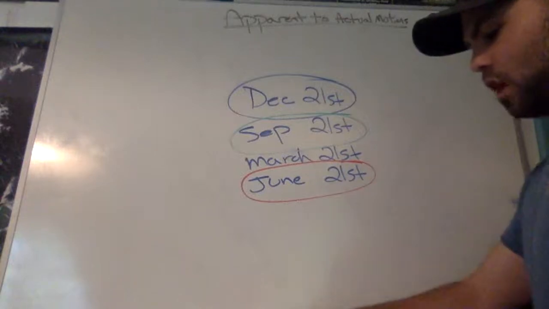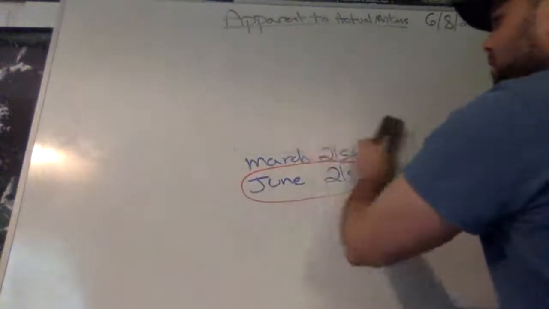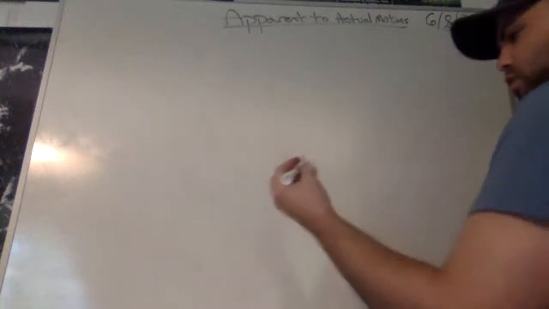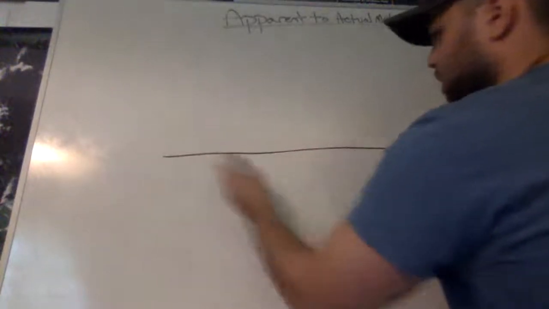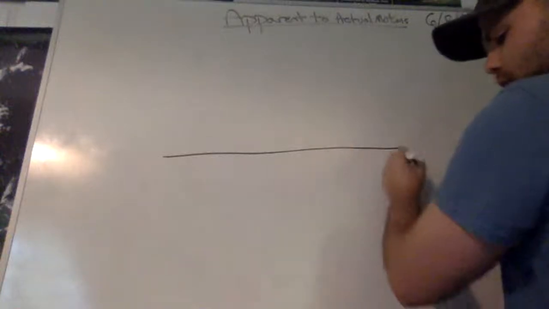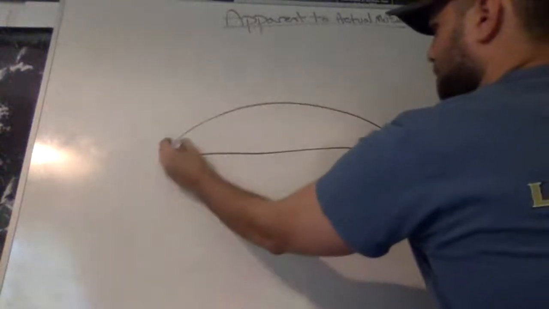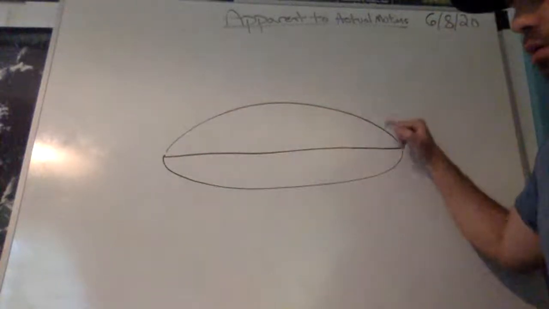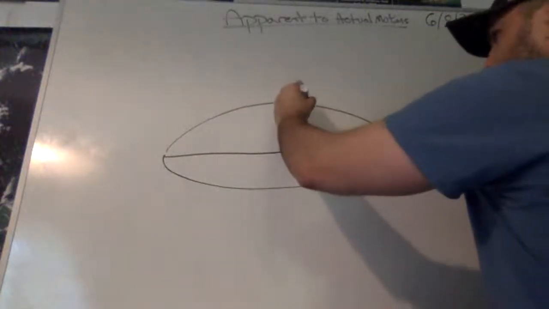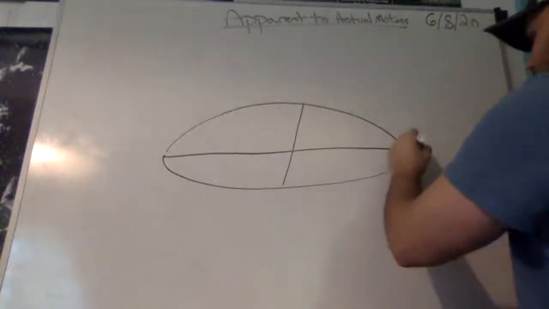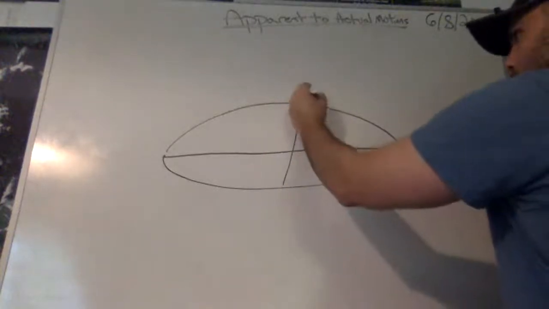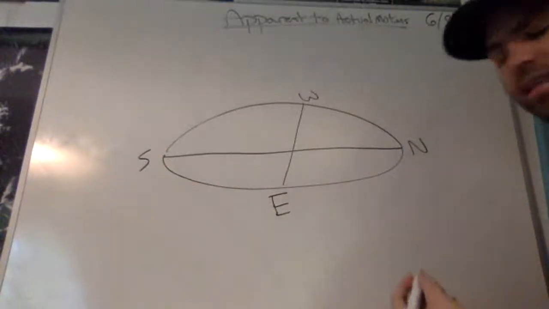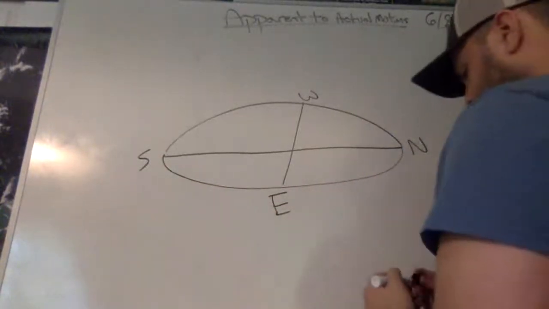Okay, so for number 12, they give you the diagram that we saw before. They give us this line, they give us an observer, okay? Basically, they give us our horizon as we go around, and they say that this is north, this is west, east, and south. And they give us 3 pathways of the sun.